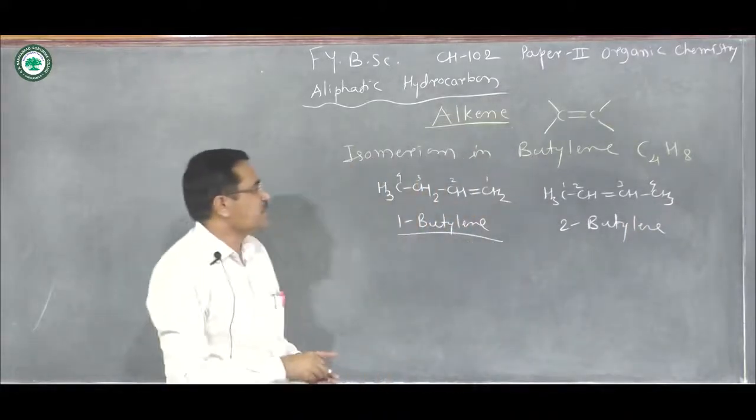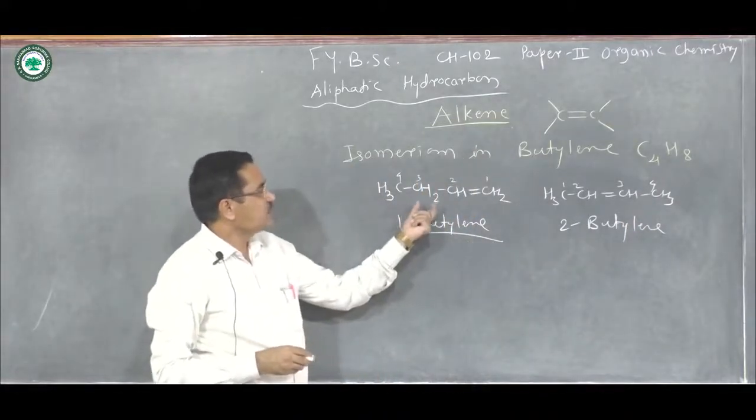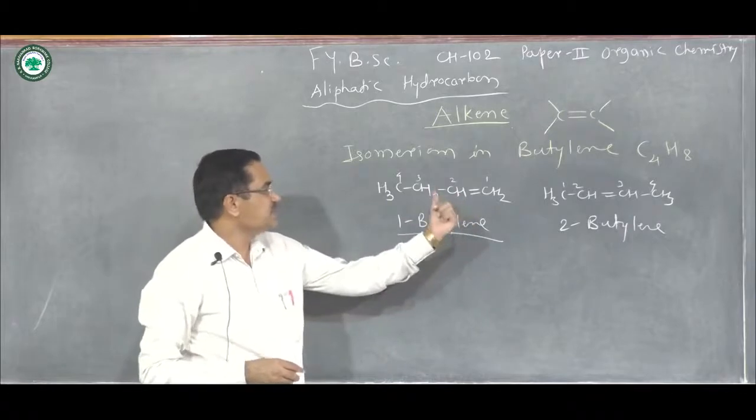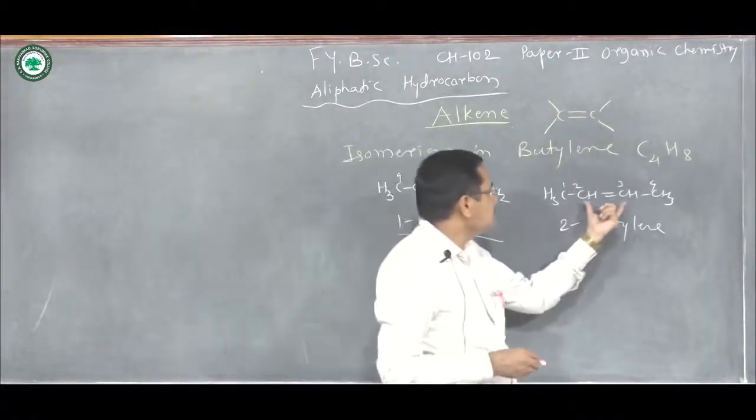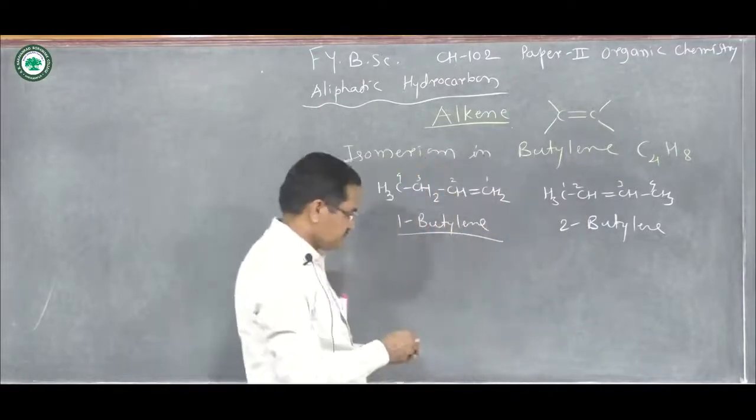Means this is the example of positional isomerism, where here double bond is present in between first and second carbon atom, and here in between second and third carbon atom.